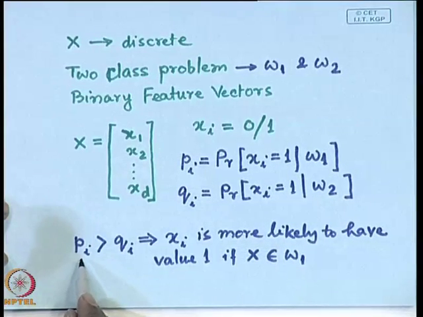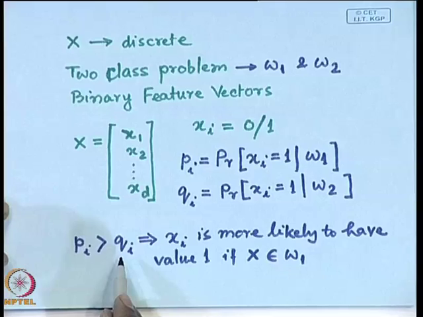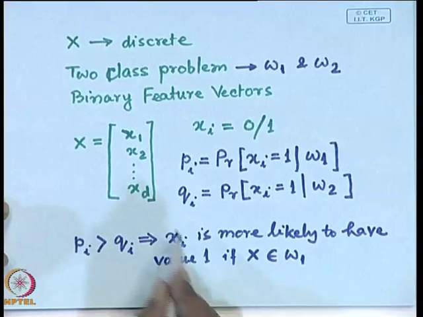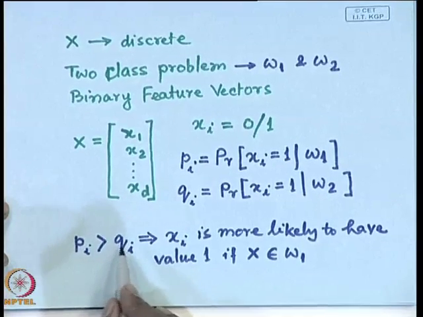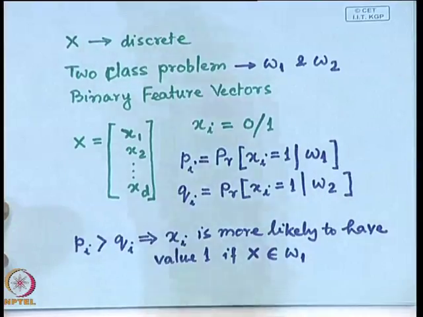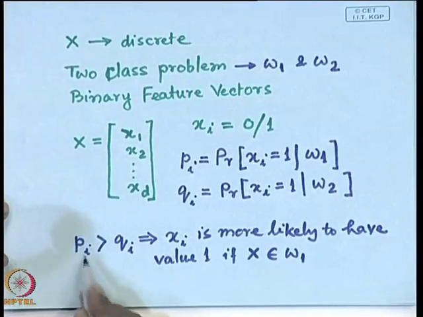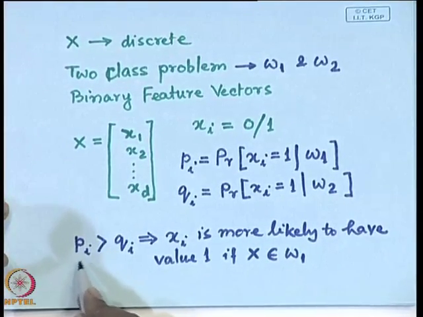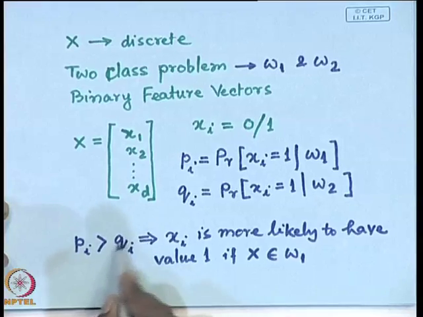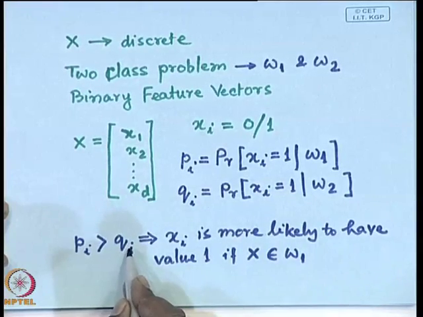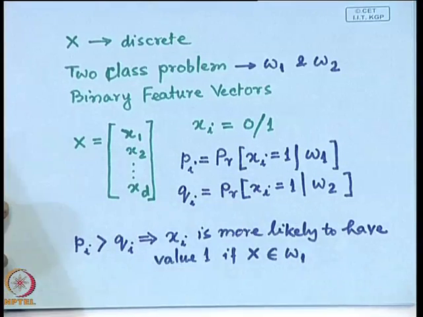So, coming over here, if p i is greater than q i, right. So, it simply explains this particular situation, that for oranges coming from Darjeeling, I will have more oranges having yellowish color than the number of oranges I get with yellowish color from the Nagpur oranges. Okay. So, this is a typical situation like this, right. And what does conditional independence mean?